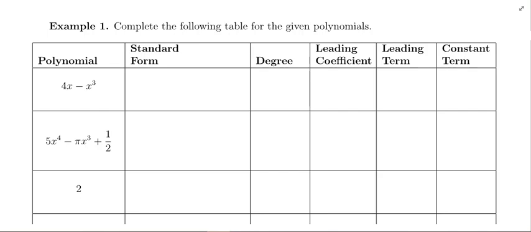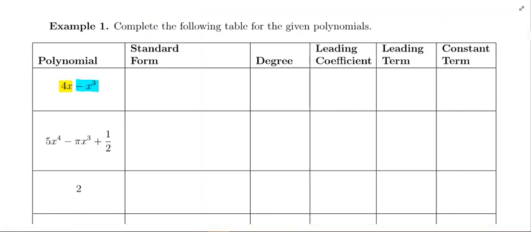Is it in standard form? Well, the answer is no. Remember, standard form means that it has to be written with descending powers of x as you go from left to right. So we're going to write it in standard form, so we just need to rearrange it. There are two terms in this polynomial: 4x, and negative x cubed.